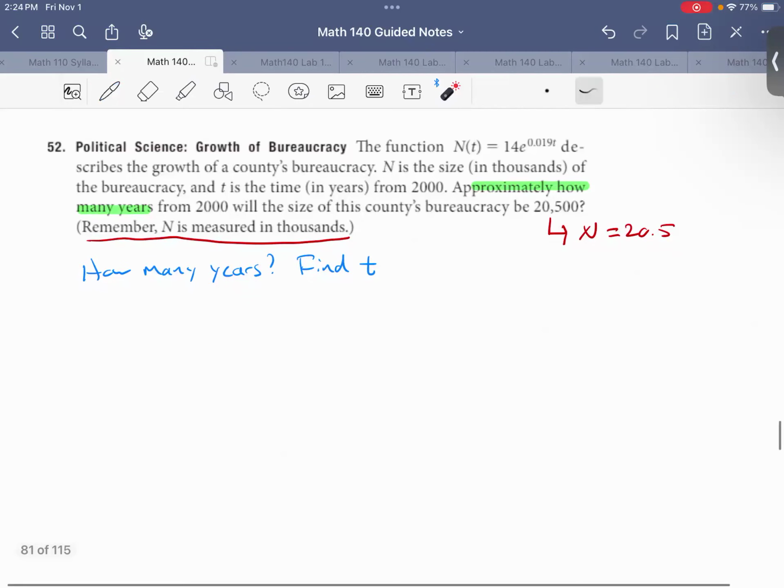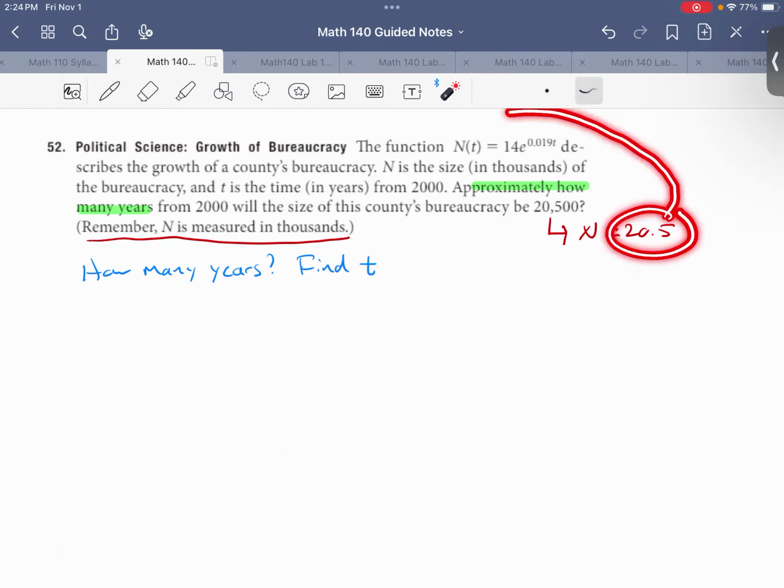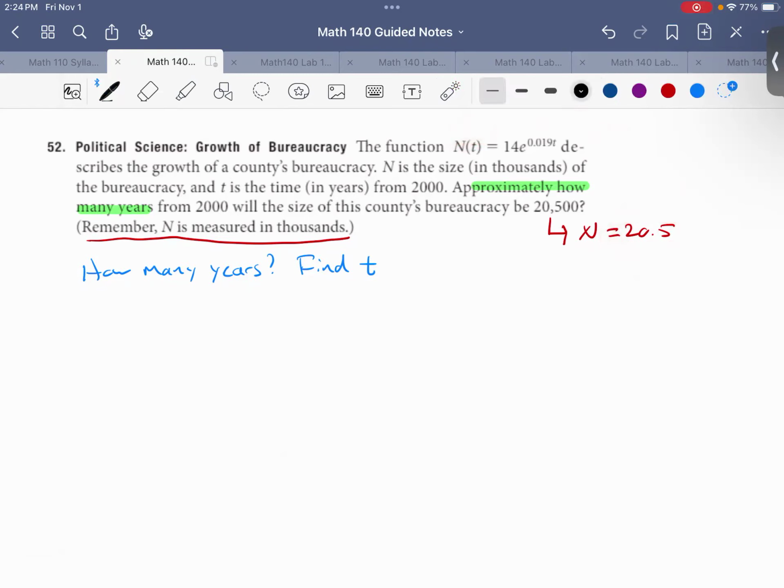So what I would do is set up the equation as such. I would plug in 20.5, that's our N, into our output. So what I would have here is 20.5 equals 14 e to the 0.019t, and solve for t. So much like our previous questions, I need to get t out of the exponent.